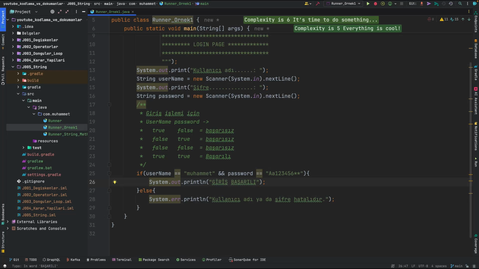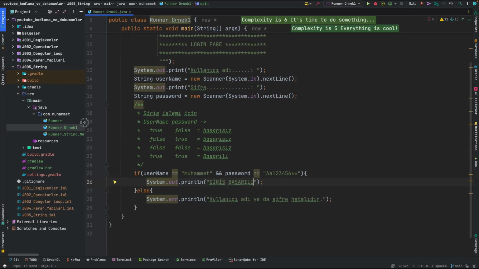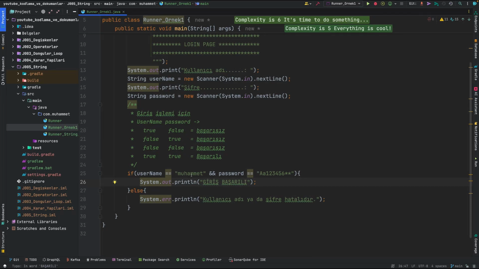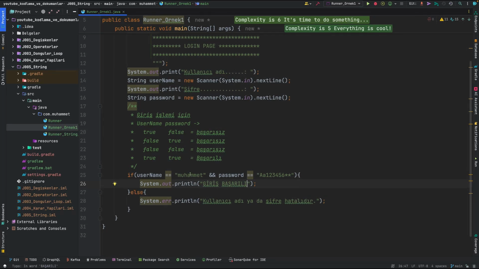Teacher, what if instead of doing it like this, you gave it in more detail? For example, wouldn't it be possible to say your username is wrong or your password is wrong? No, it wouldn't. Friends, you would be causing a major security vulnerability. You would be revealing whether the user is registered in that system or not.